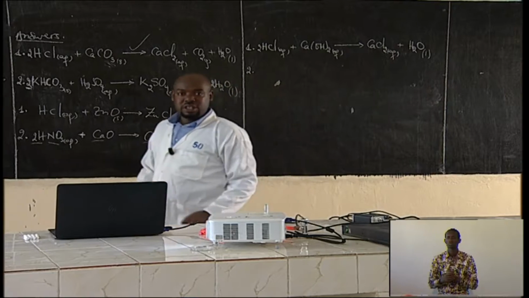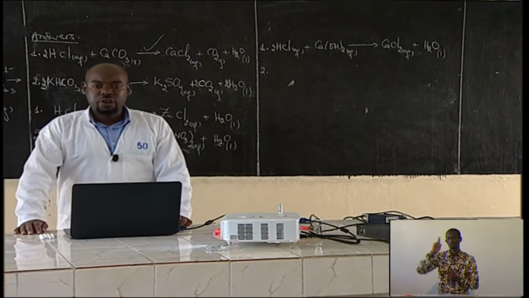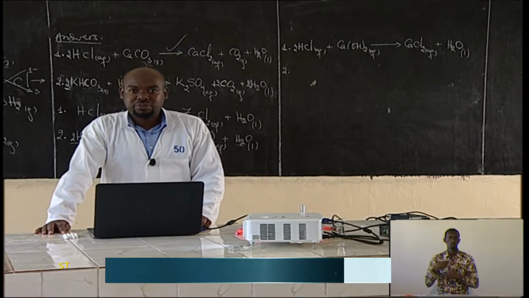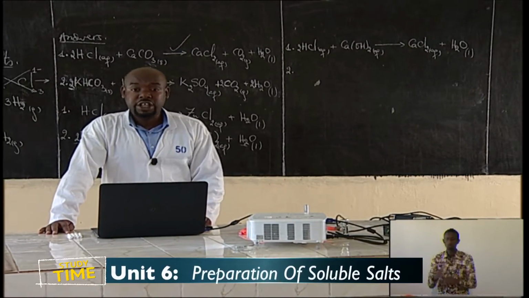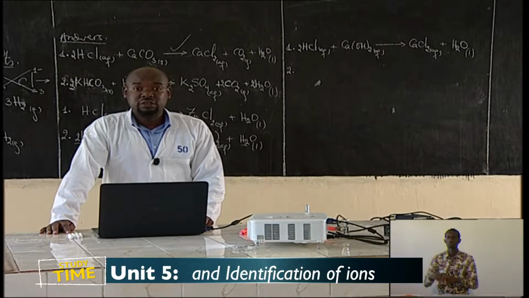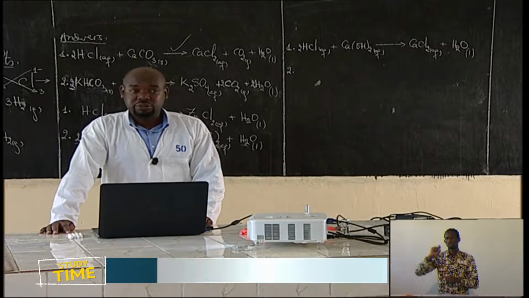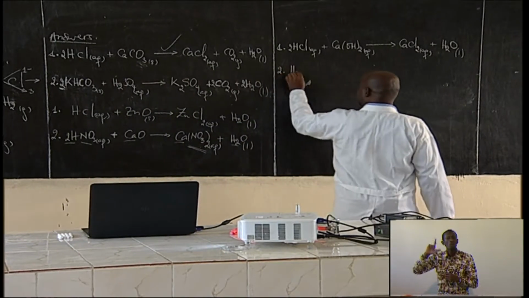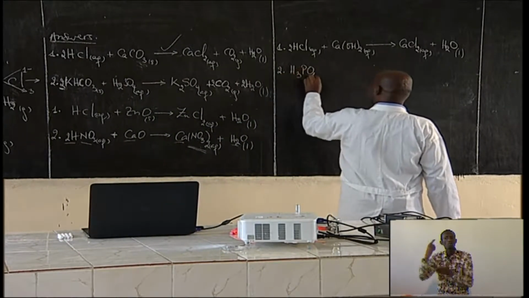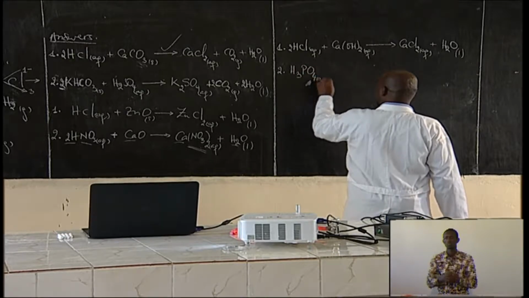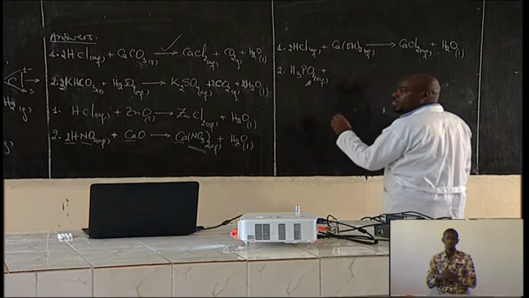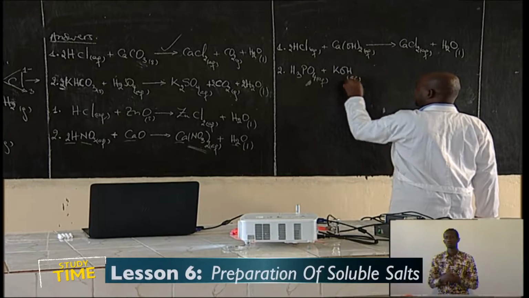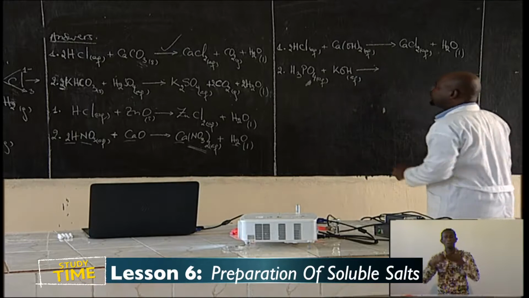And the second one, we have phosphoric acid. Think about the molecular formula of phosphoric acid. I give you some seconds. Hint, there is phosphorus in there, hydrogen and oxygen. What is the molecular formula? It is H3PO4. Reacting with what? Reacting with potassium hydroxide. And what do we produce?